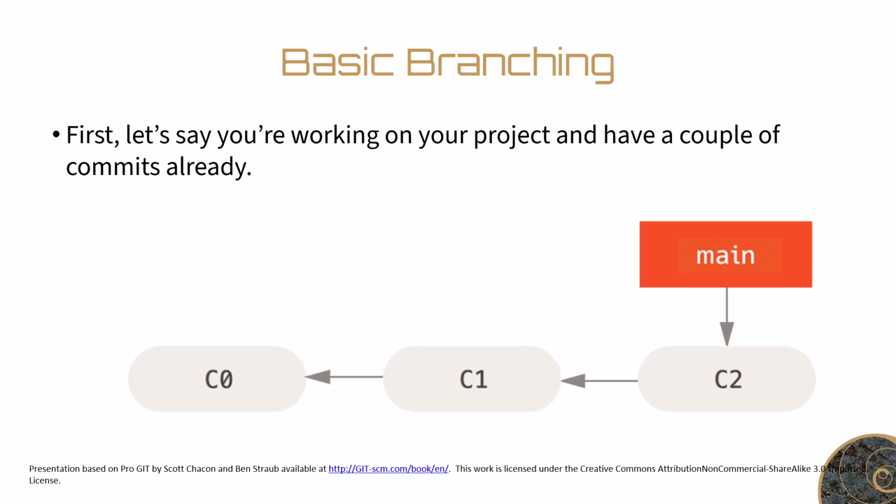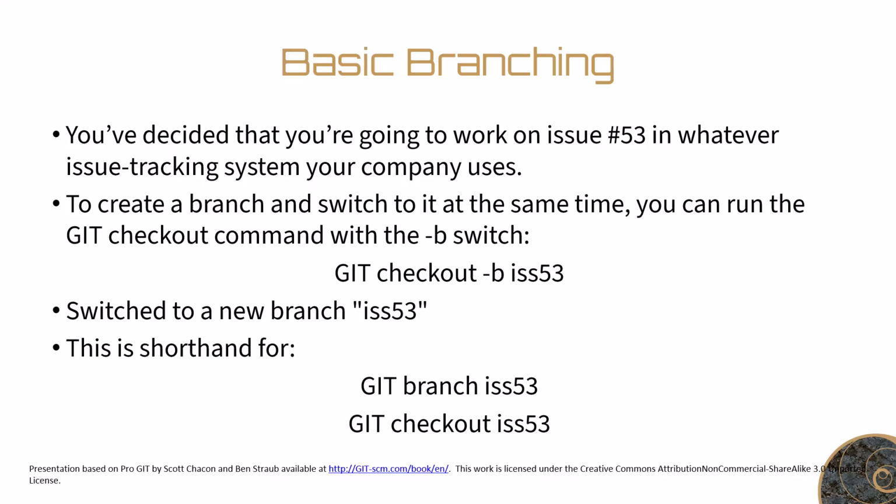So here's one concept of doing it. You have your main branch, which is pointing at commit 2. You decide that you're going to work on issue number 53 in whatever tracking system you're using. And so you can actually check out and create a branch simultaneously by using the checkout command with the -b switch.